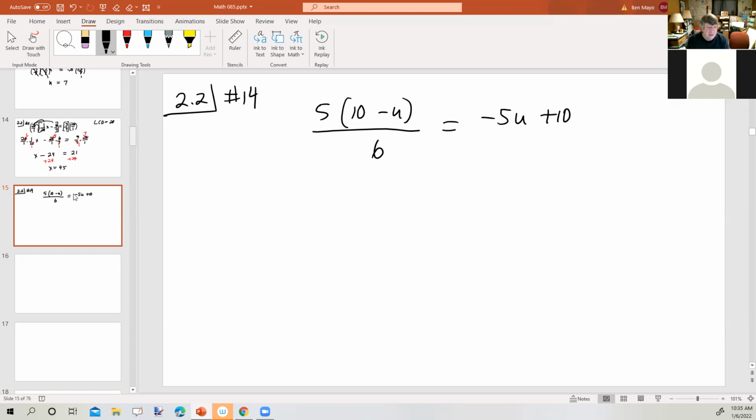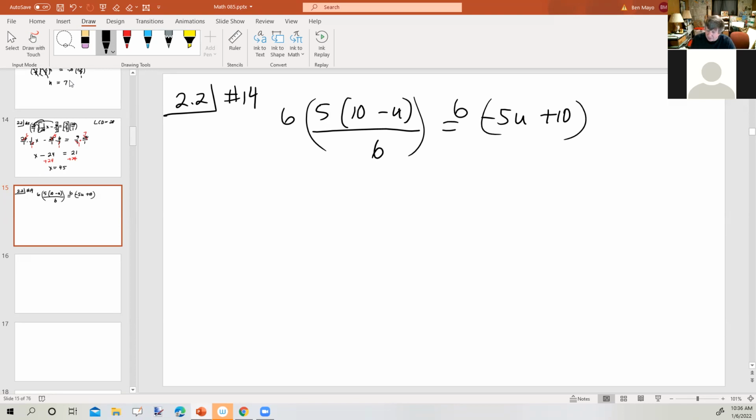Now, you might think that the first thing you should do is distribute the 5 on the left side of the equation to the parentheses 10 minus u. But actually, we could get rid of that denominator first, and that might make life easier. So I'm going to multiply both sides of the equation by 6.